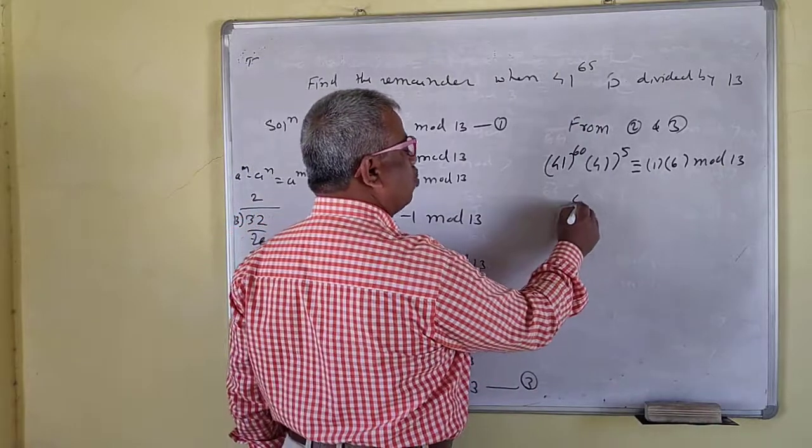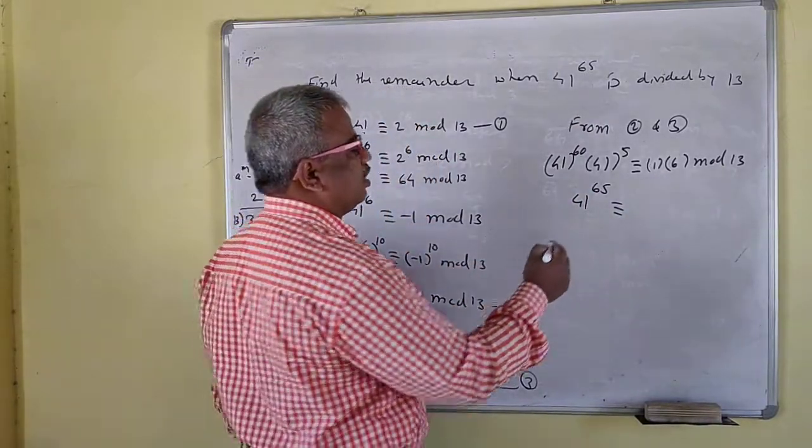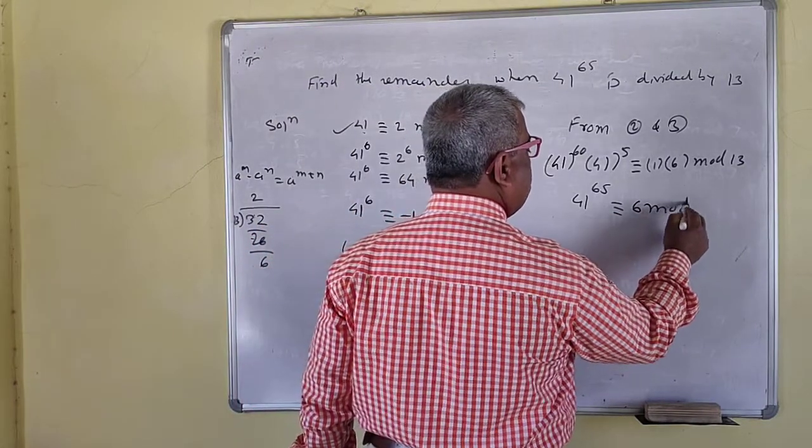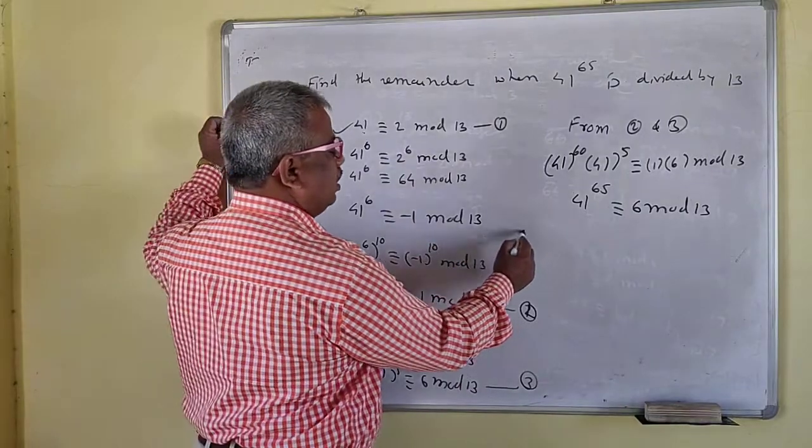So 41 to the power 65 is congruent to 6 mod 13. Therefore 6 is the remainder.